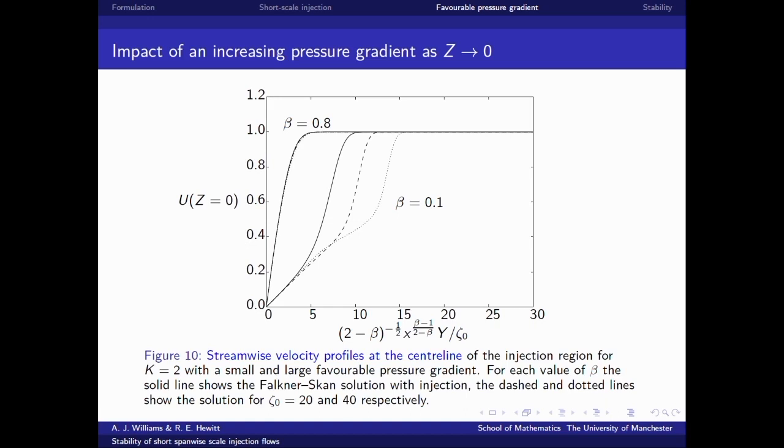This is the asymptotic solution, and there we have a numerical solution with 20 as the injection width, and then there's 40. When it's a large pressure gradient, these all fit on the same curve. They're all basically the same, but when you have a smaller pressure gradient, you get this deviation in between. They agree close to the plate and far away, but in the middle there's this deviation.